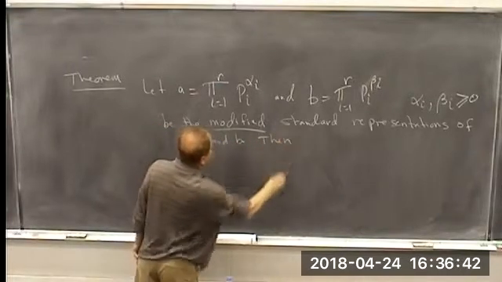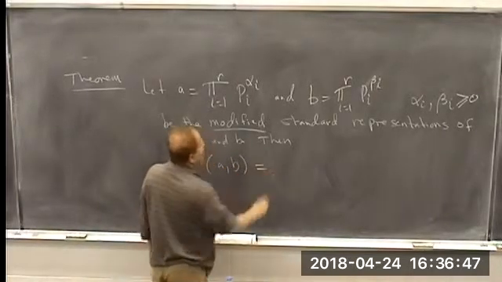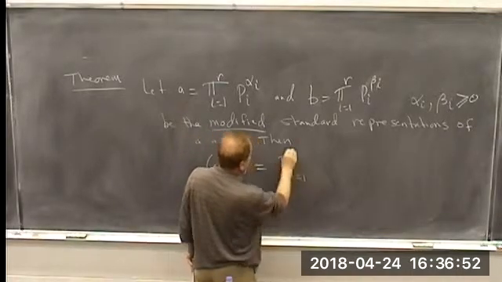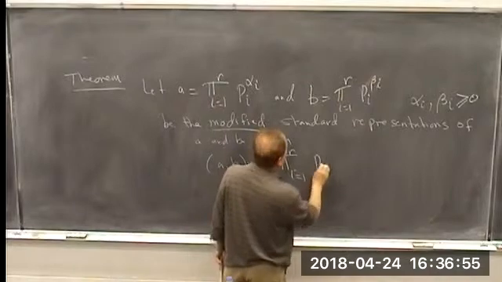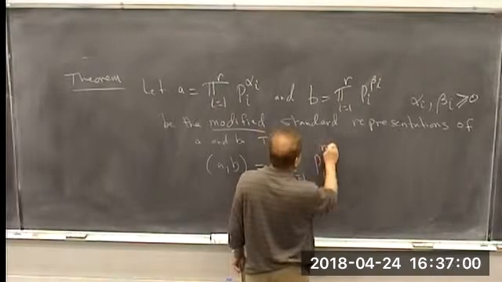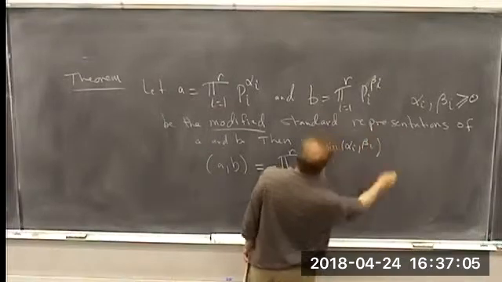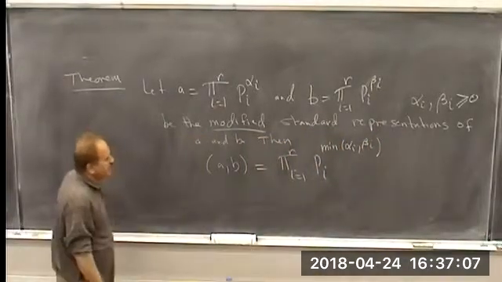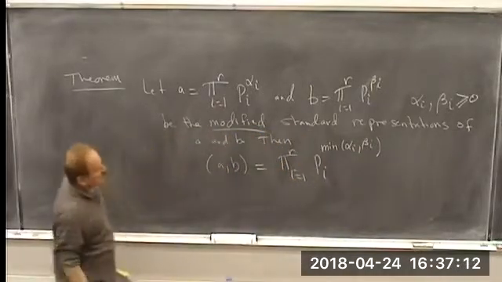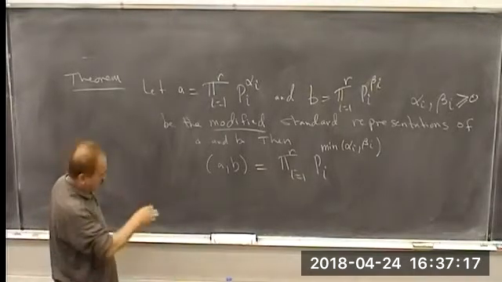Then the greatest common divisor is going to be equal to the product for i equal 1 to r of p_i, and in here we take the minimum of alpha_i, beta_i. Now remember the minimum of two natural numbers is going to be either one of these, but it's going to vary from one prime to the other.